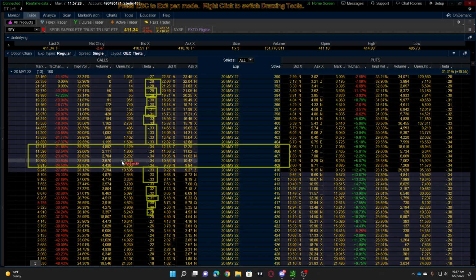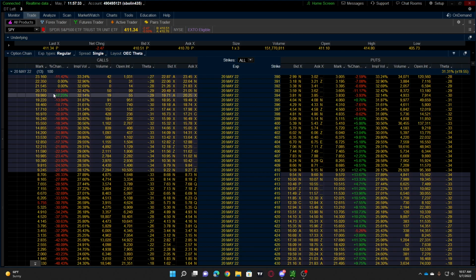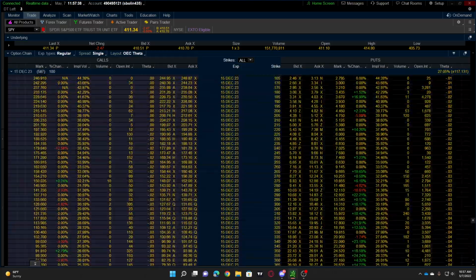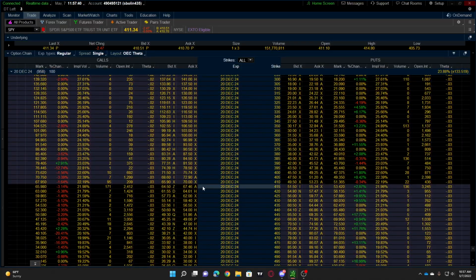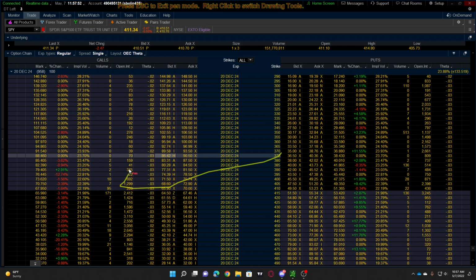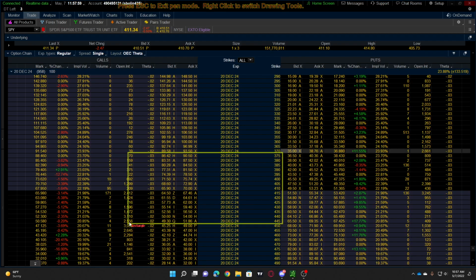Even though as we got closer in time, all of these theta values got larger, right? Because if we start closing some of these down and we go way out in time again, if we look at these options, 958 days out, and we ask where's the largest amount of theta, it goes from 375 all the way out of the money to 425.